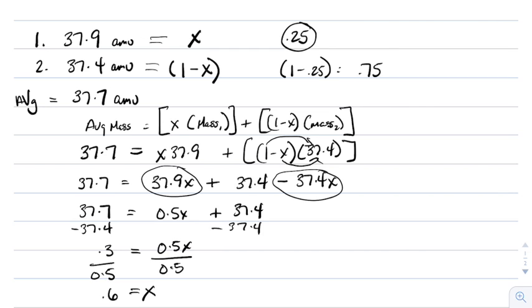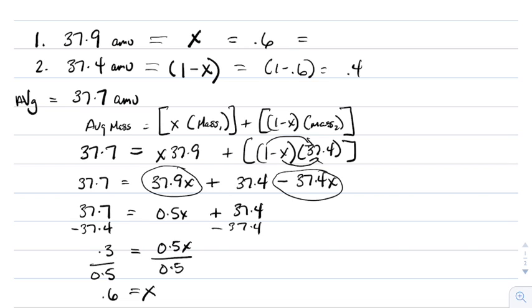Okay? And so x, in this case, erase all of this. So x, in this case, equals 0.6, so that the other one is equal to 1 minus 0.6 equals 0.4.